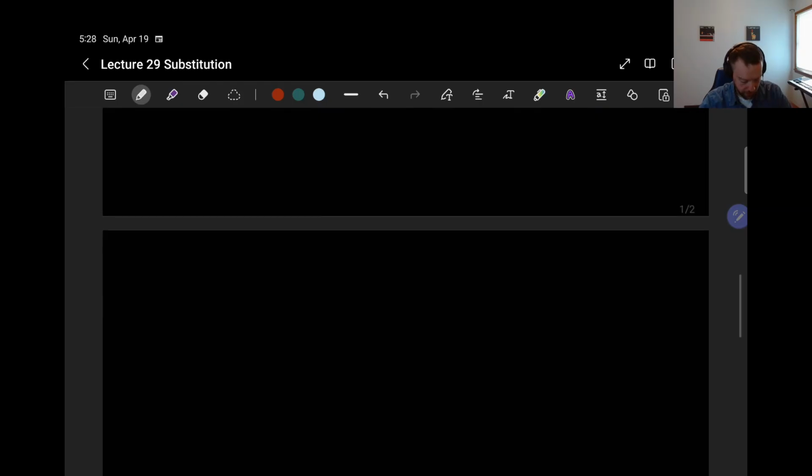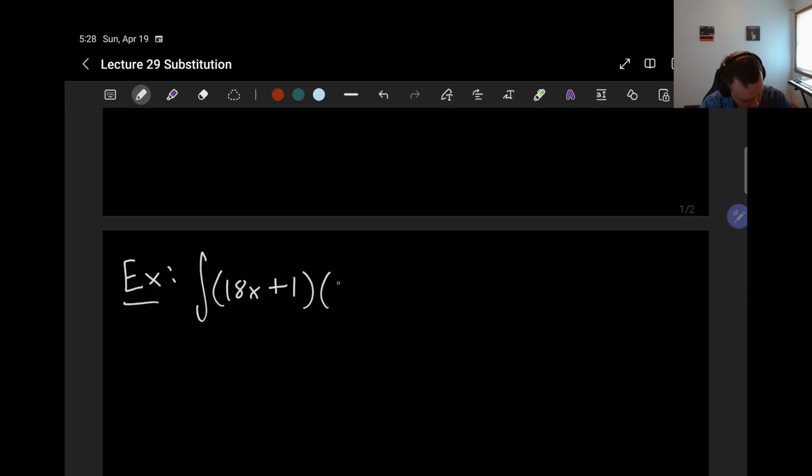All right, so let's finally do a real problem here. Let's find all antiderivatives of (18x plus 1) times (9x squared plus x) to the fifth.